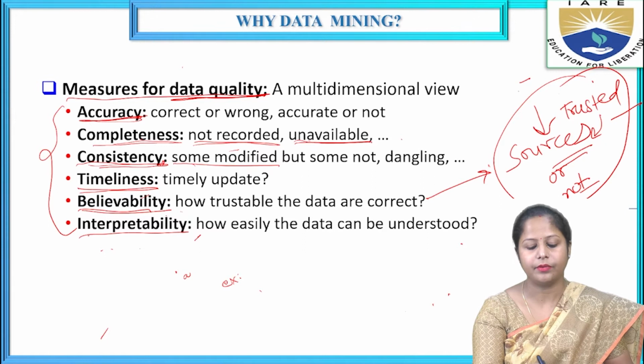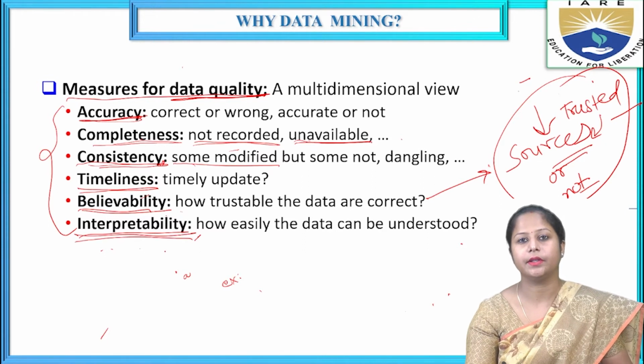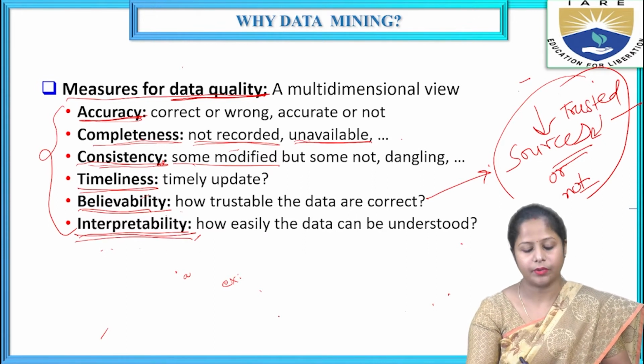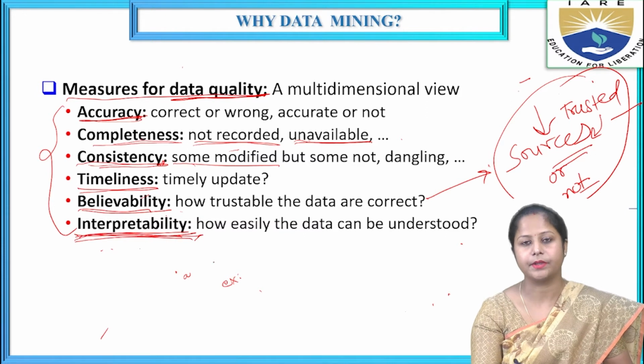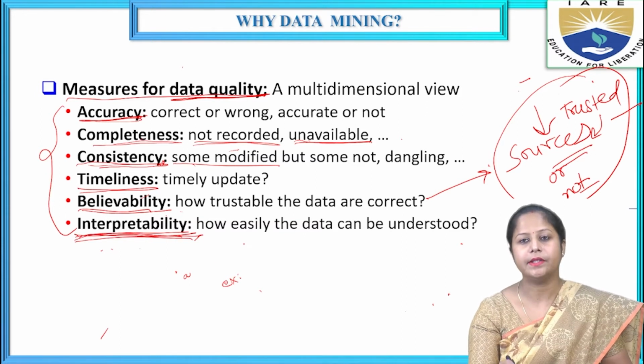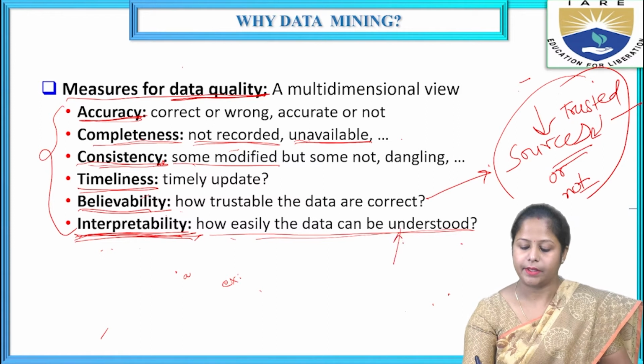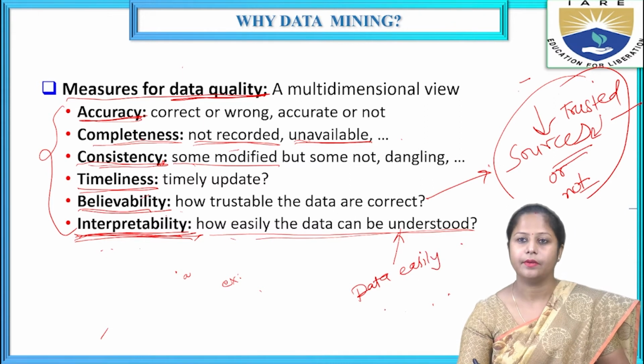Next, we will check the interpretability measure. How easily the data can be understood. What does it mean? It means how easily we can understand the data, whether the data is easy or not.